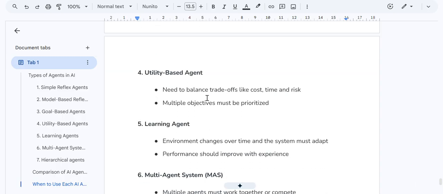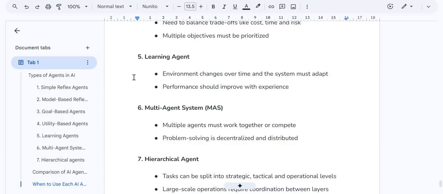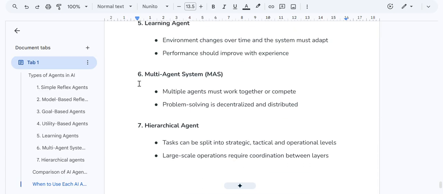A utility-based agent is for when you need to balance trade-offs like cost, time, and risk, and multiple objectives must be prioritized. Learning agents are for when the environment changes over time, the system must adapt, and performance should improve with experience.